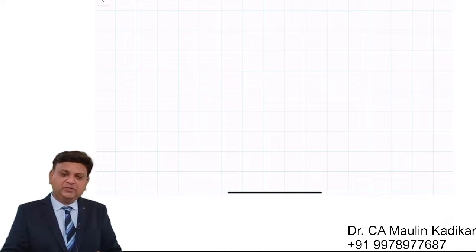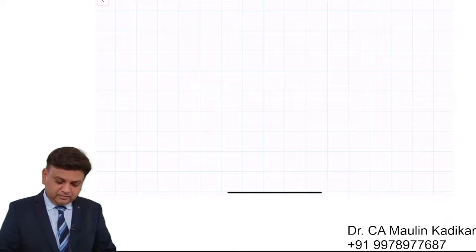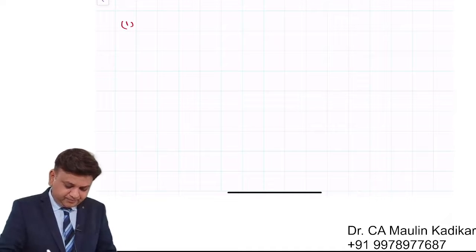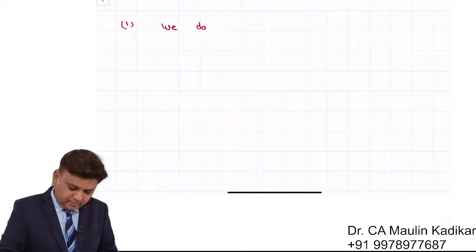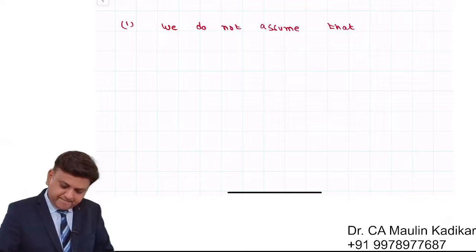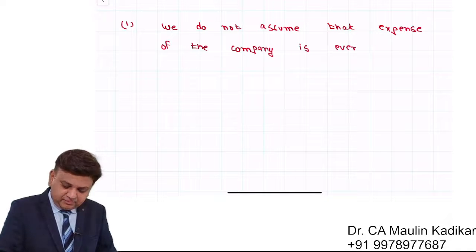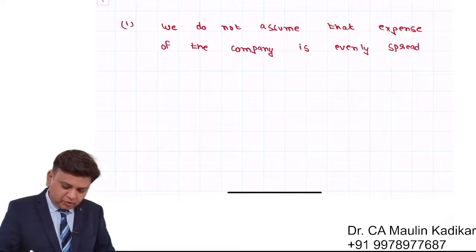You do not have to write anything. First of all, let me explain to you. The very first thing that the Miller-Orr model has said is that we do not assume that the expense of the company is evenly spread throughout the year.